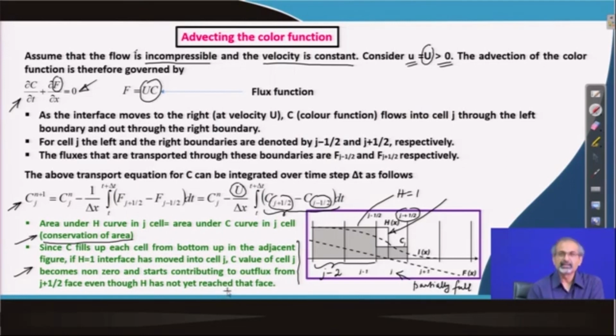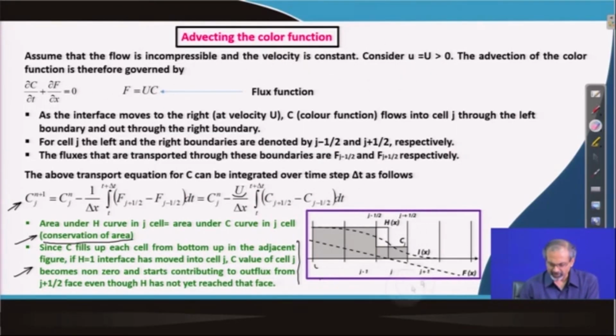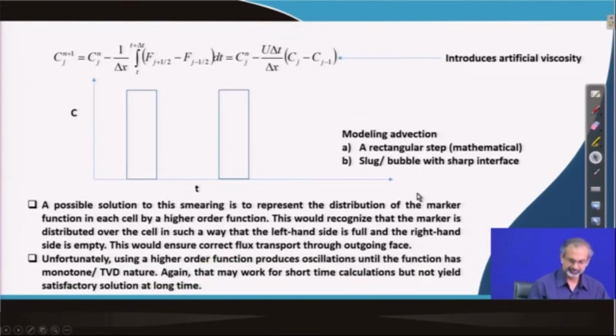That means the interface strictly has not reached the phase j plus half, but because you are filling up the cell already with the color function, you would get a wrong interpretation that the flux has already reached the j plus half phase, and this is where the whole problem lies. That means we have to find a way around this problem, so that we do the flux calculations correctly.